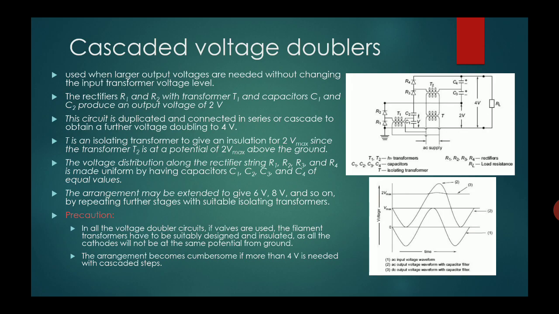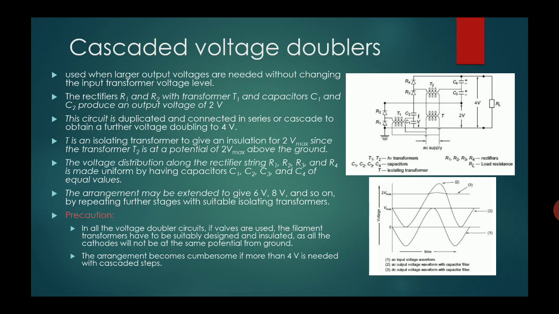You can see it has been marked as 2 volts there. This circuit is duplicated and connected in series or cascade to obtain a further doubling to 4 volts. You can see above that the same type of circuit is duplicated, and you will have an addition of one more 2 volts to make it 4 volts.